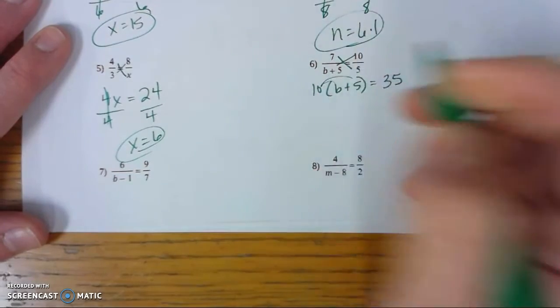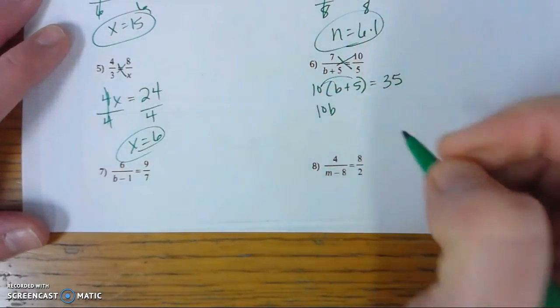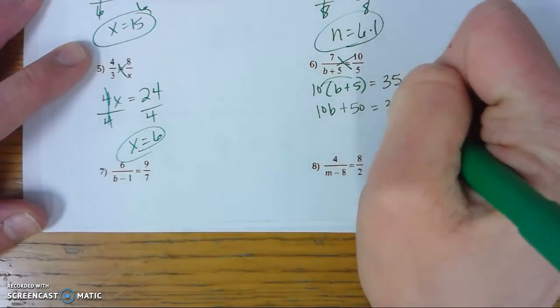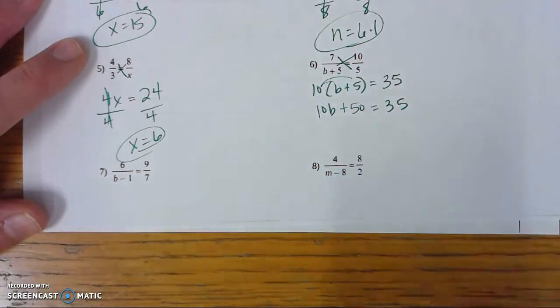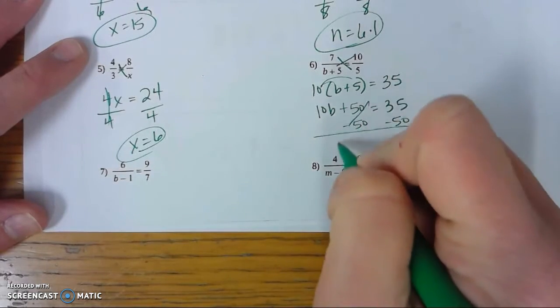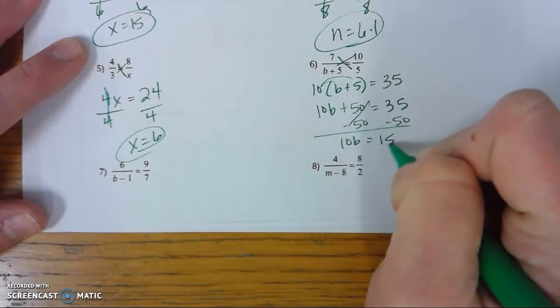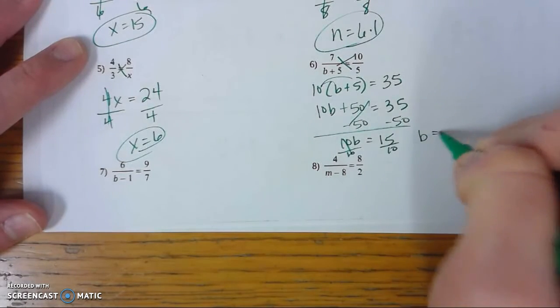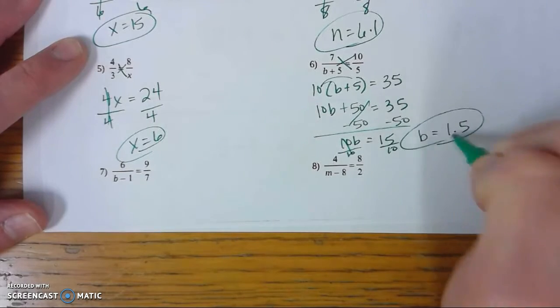As I distribute, 10b, and then 10 times 5 is 50, equals 35. I'm going to subtract 50 so I get b by itself. So I get 10b equals 15, and I divide by 10. When I'm done, I get b equals 1.5.